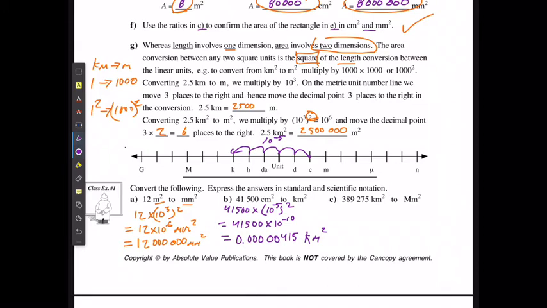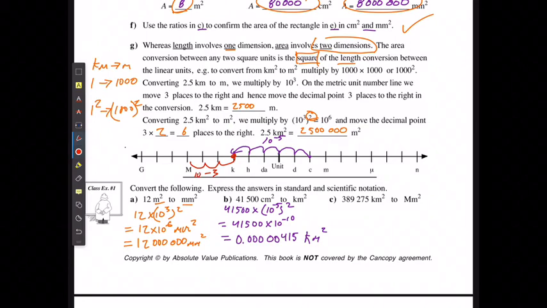In the last one, when I'm going from kilometers to megameters, I'm going to start here and then move 3 places to the left again, or 10 to the negative 3.